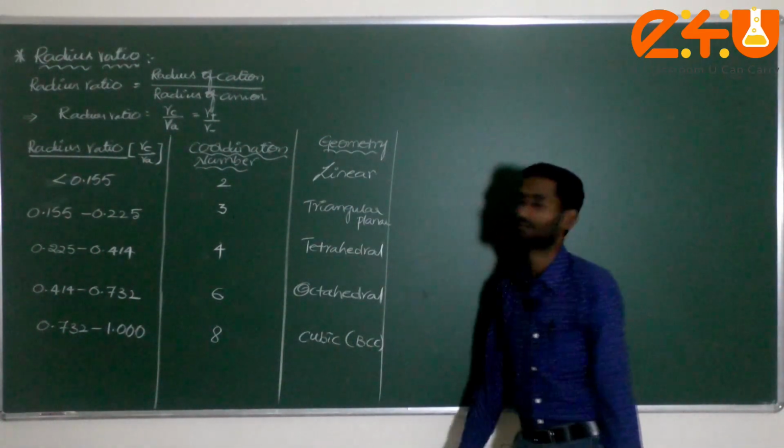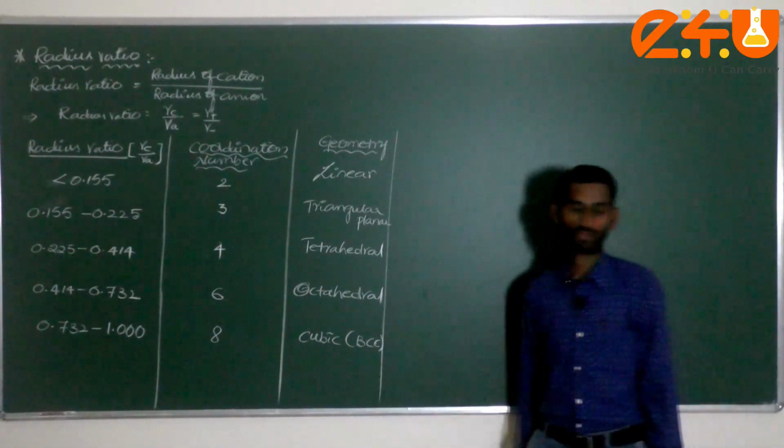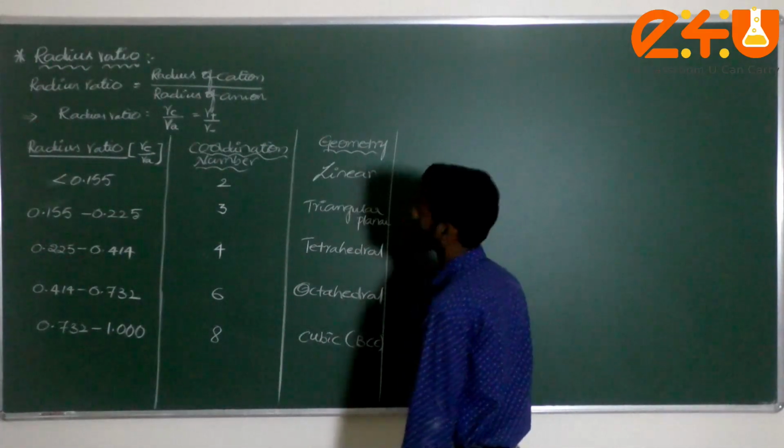This is what we have done so far, the radius ratio for the different types of ionic solids.